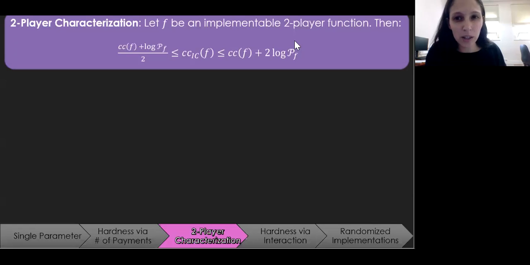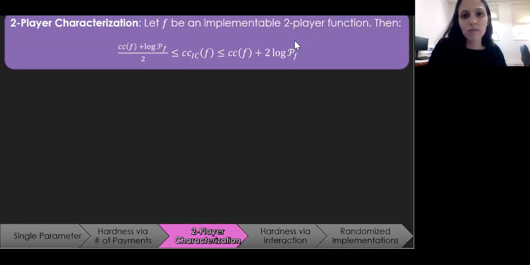Does this answer your question? It means the range of payments for each player. For each alternative, and for this alternative, you might pay different amounts. So different outcomes of payments, this is what you're counting.